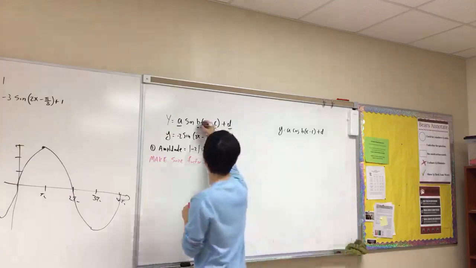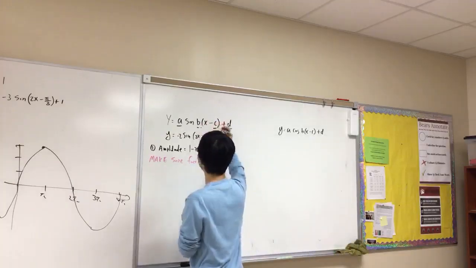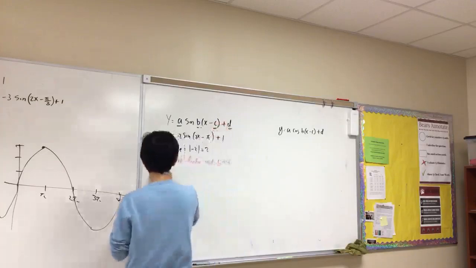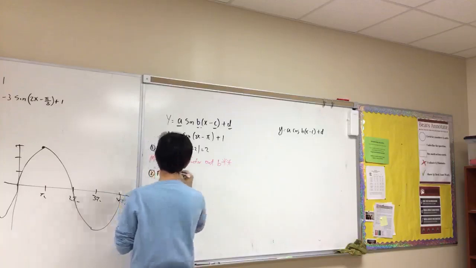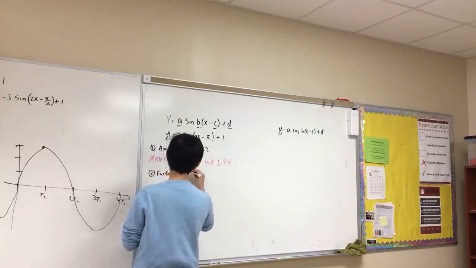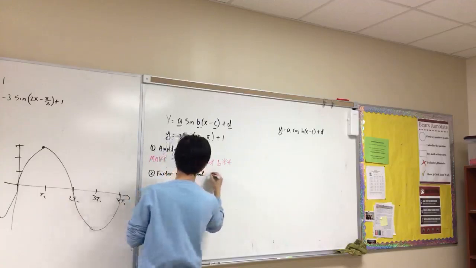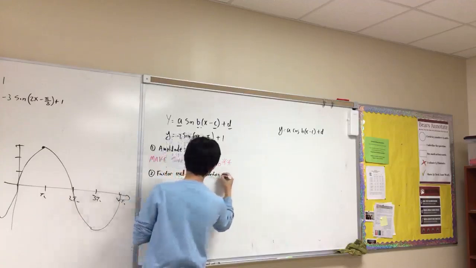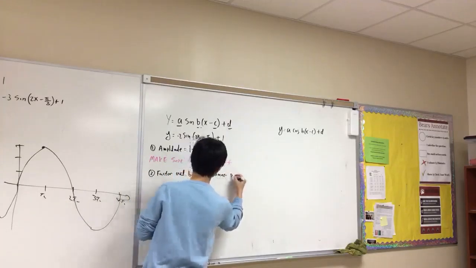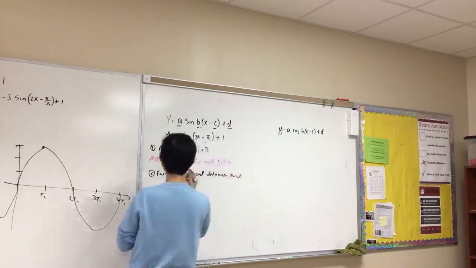Questions about here? Now the question is probably how to factor. So I'm going to take the second step: factor out B and determine the period. Before, we didn't have that issue.